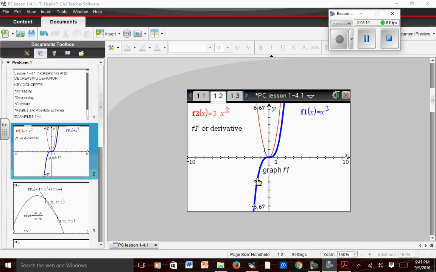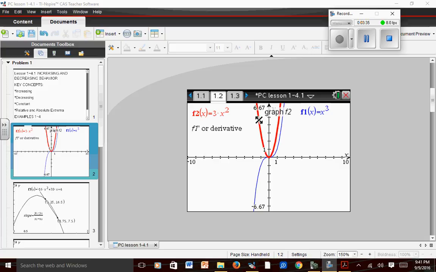But what I've done is I've gone in and made another equation that's called the derivative, or f prime, of the blue equation, and basically the red picture is a graph of the blue picture's slope. You can see there that the red graph is positive.